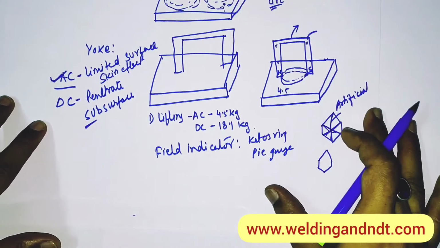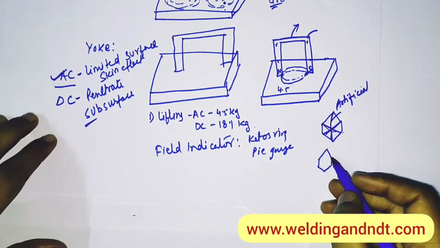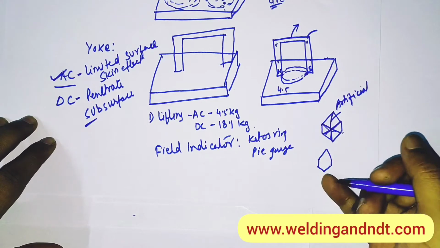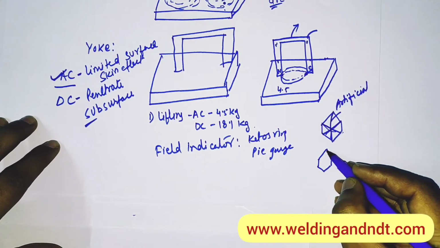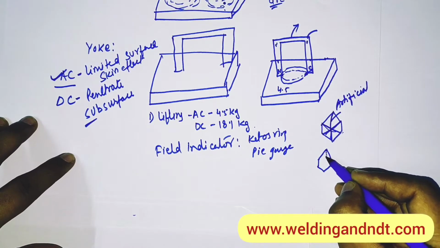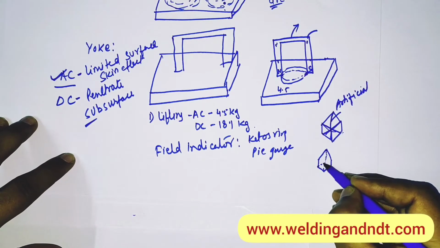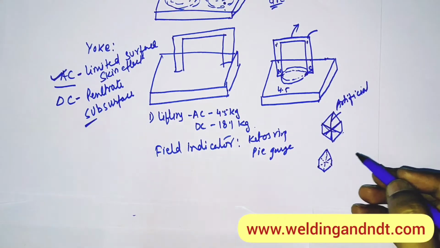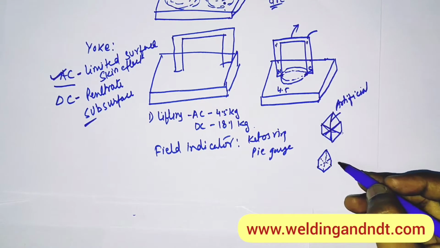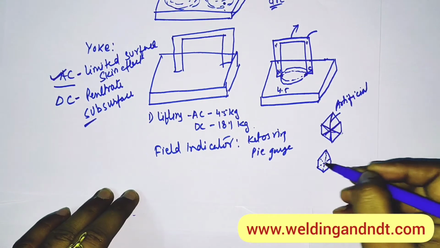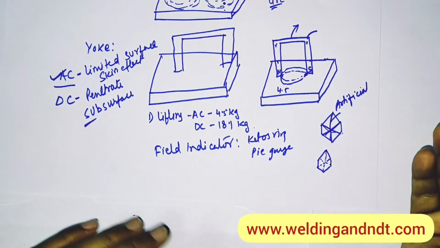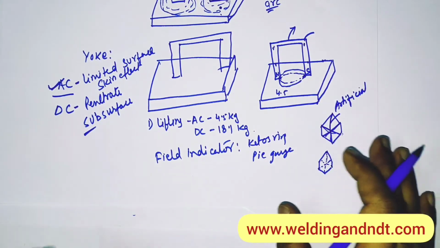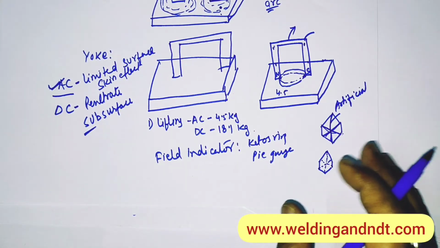Now from the back side, if you magnetize and apply powder, then the powder should align in the line of cracks like this. If the powder is able to align in this pattern, then we can say that yes, our equipment is working and we can start inspection.